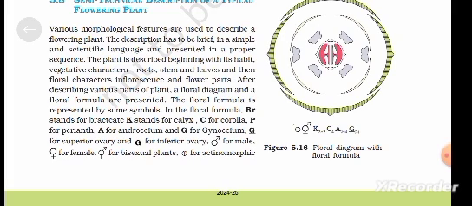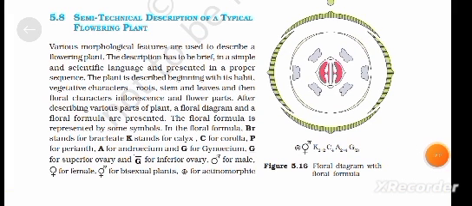In the floral formula, Br stands for bracteate, K stands for calyx, C stands for corolla, P stands for perianth, A stands for androecium, G stands for gynoecium, G with a bar underneath for superior ovary and G with a bar above for inferior ovary.